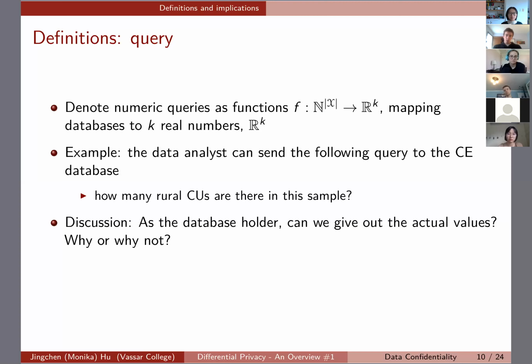If it's 200, and I happen to know 199 people in that survey who are rural CUs, and I just don't know one more CU's urban-rural status, then if you tell me the exact number is 200, that actually gives me information.